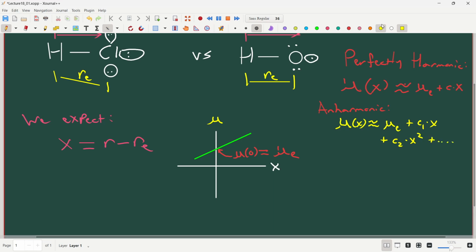So what would that function look like? Well, it could look like any number of things. It could look something like this. Maybe it starts decreasing like that. It could look like that. It could also increase exponentially or like a power law like that. We don't know. But it could do any of those things. Depends on the molecule.